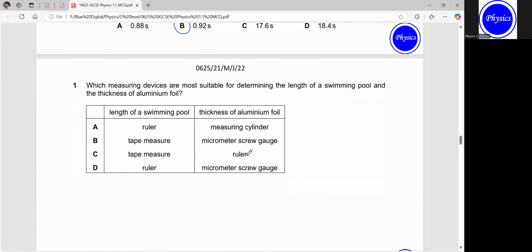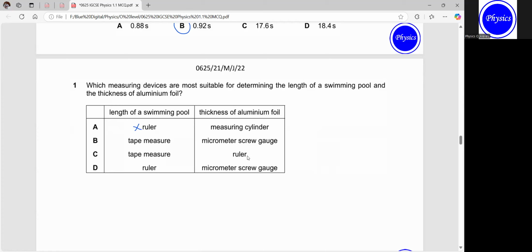Which measuring devices are most suitable for determining the length of a swimming pool and the thickness of aluminum foil? A swimming pool has a greater distance, so we cannot use a ruler, isn't it?